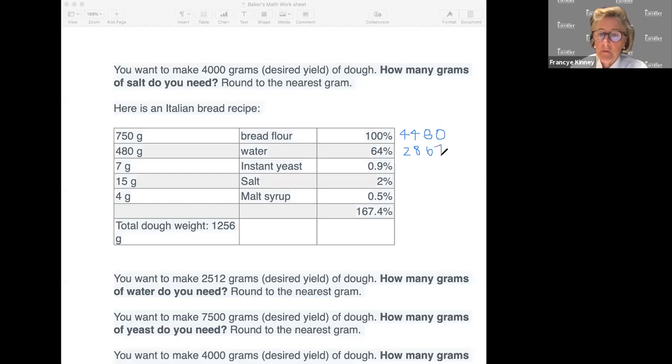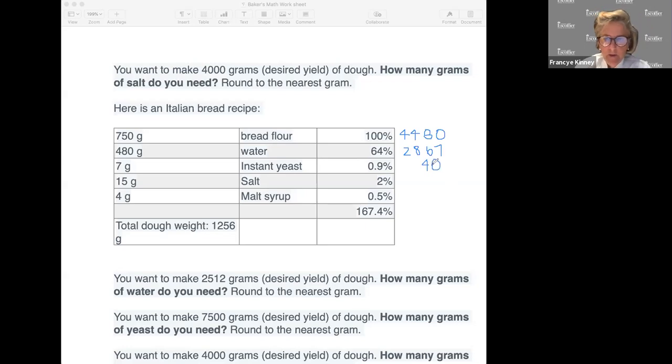That's your water amount for making 7,500 grams of Italian bread dough. Then we'll take our 4,480 times 0.9%, and we get 40.32, which we will call 40 grams of yeast.